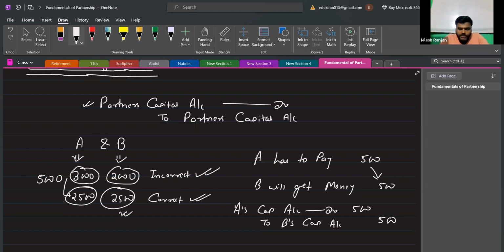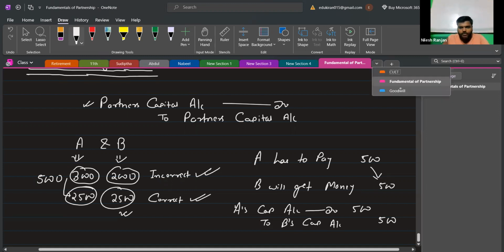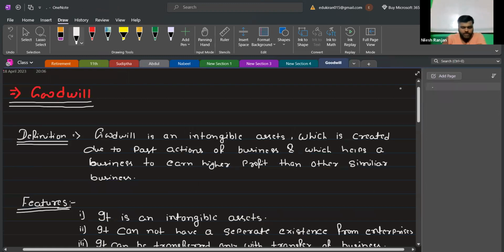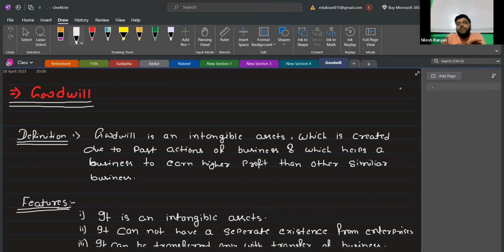So should we continue to the goodwill chapter? Yes, sir. So this is goodwill. You know, the goodwill is an intangible asset. Can you tell me what is intangible asset? Sir, an asset which cannot be seen.